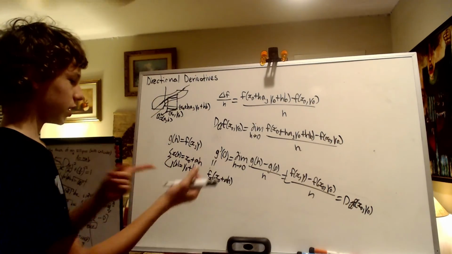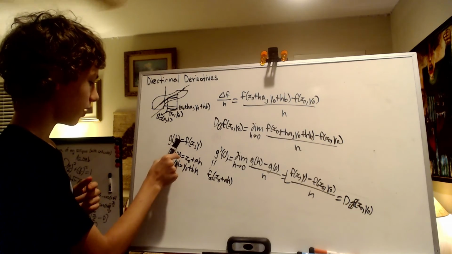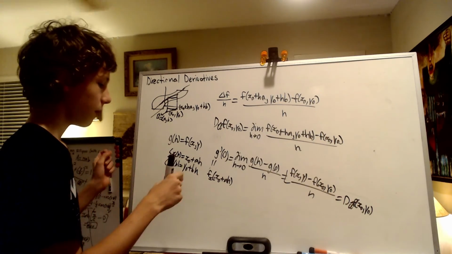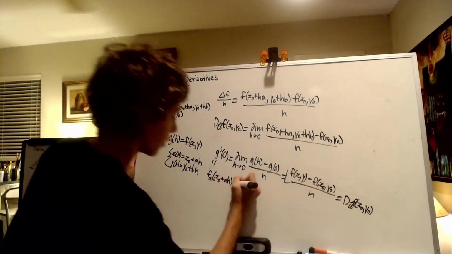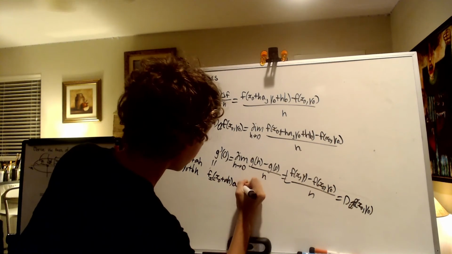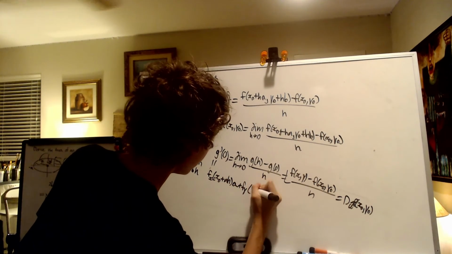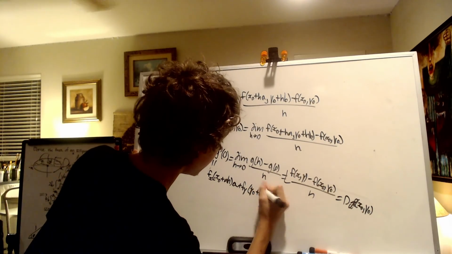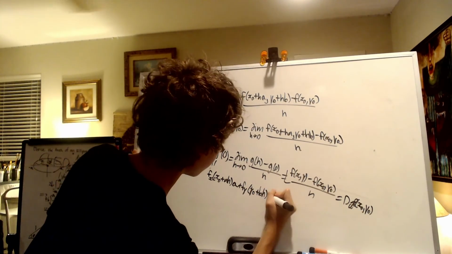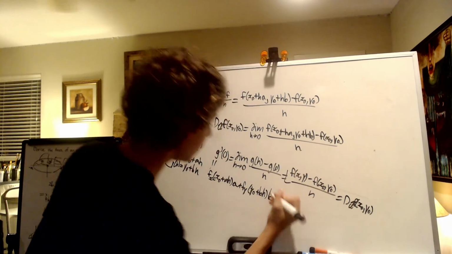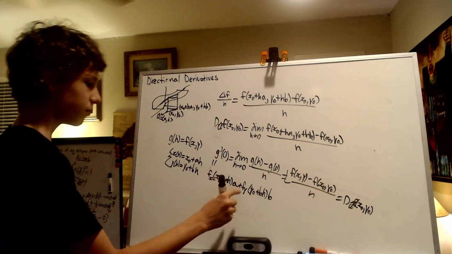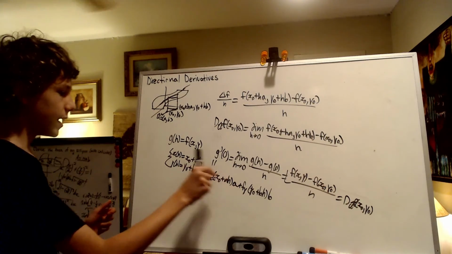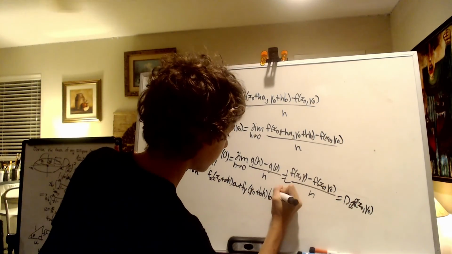And then it's going to be dx dh, but that is actually just going to be a, and then plus f sub y at y naught plus bh, and for similar reasoning, times b. But now is when we set h equal to 0.